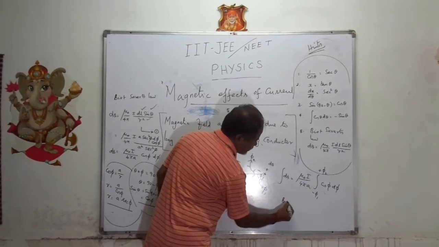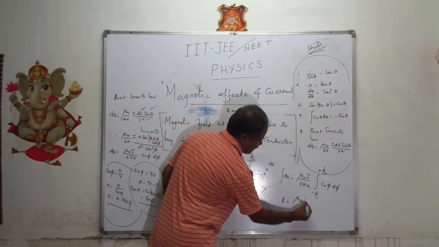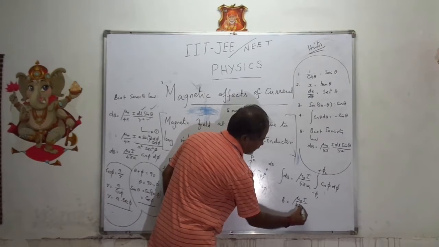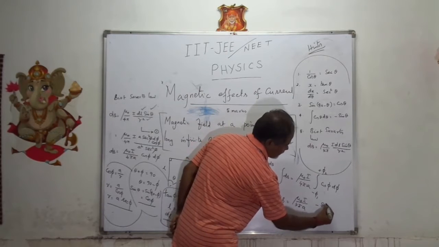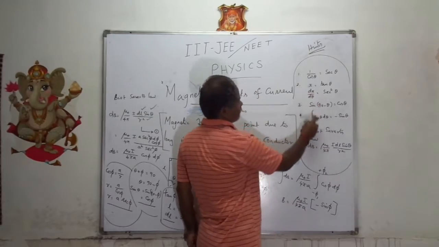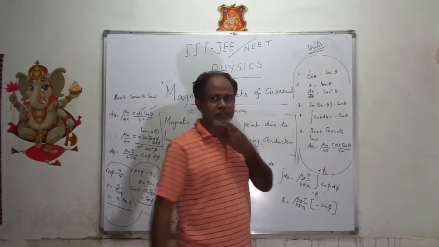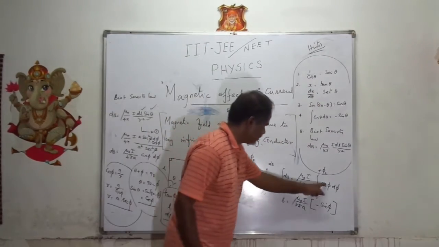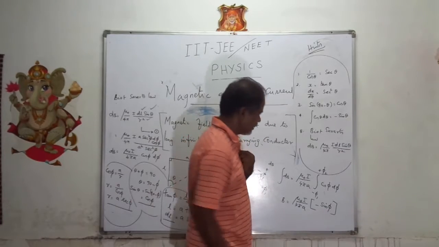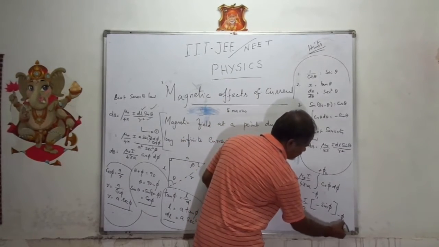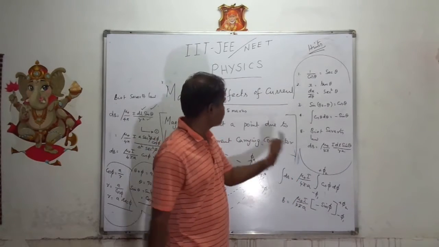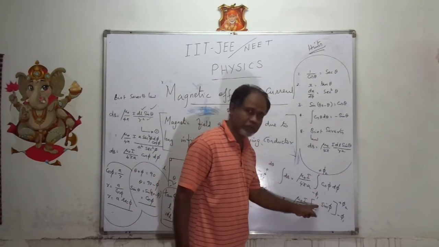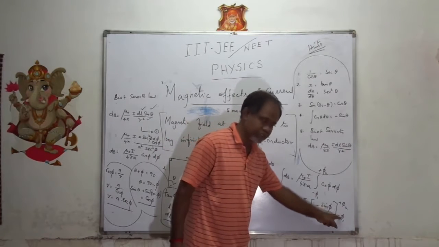Then B is equal to what? Mu naught I divided by 4 pi a, times the integral of cos phi, which changes to sin phi, with limits minus phi 1 to plus phi 2. Just put upper limit minus lower limit; minus into minus is plus.